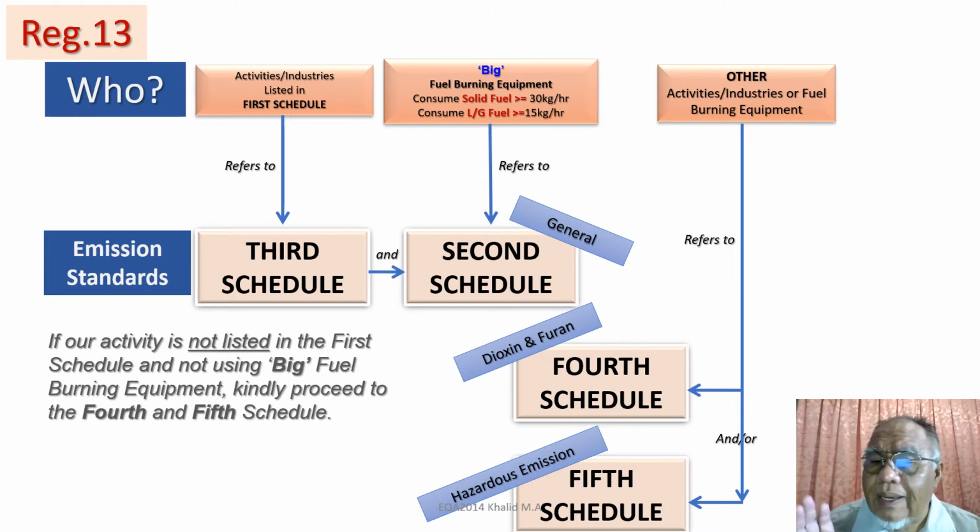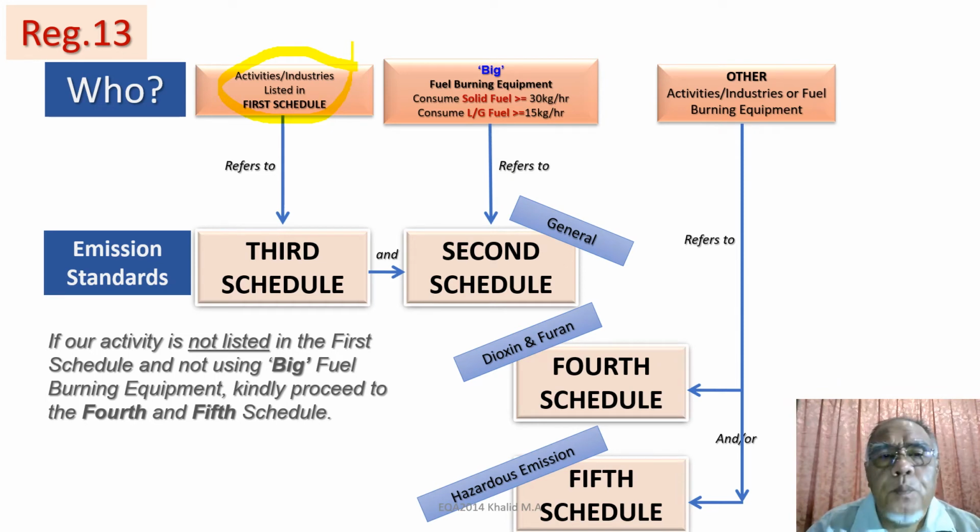Whenever you look at any industry and want to know whether and how they apply the clean air regulation, the first question you have to look for is whether they are listed in the first schedule or not. And the list of industries in the first schedule is in our earlier videos. I've shown you a better slide, and I have displayed everything in order.